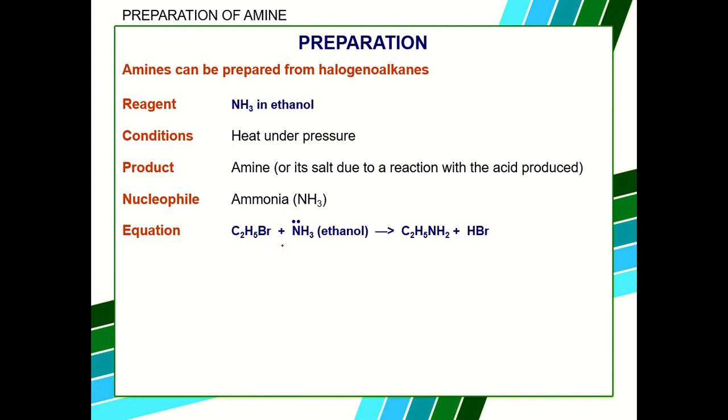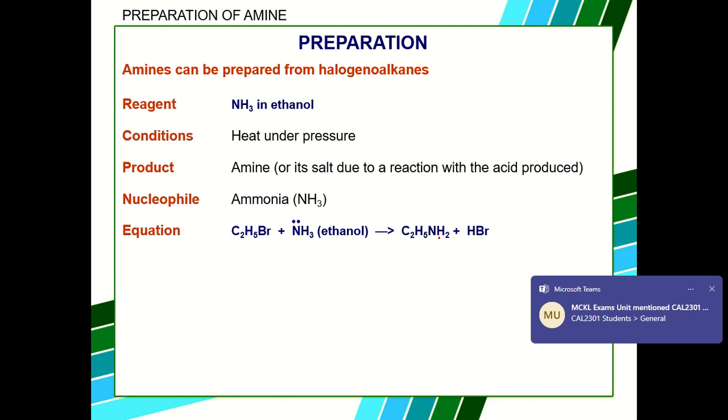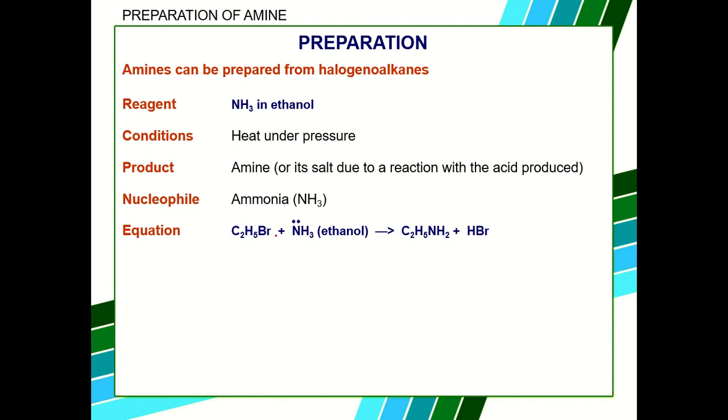But now it appeared again because we are talking about how do we use reactions to make amines. Halogenoalkane will react with ammonia in ethanol, and the Br will be replaced by NH2, the amine group. So can you see that amine is actually being produced here?